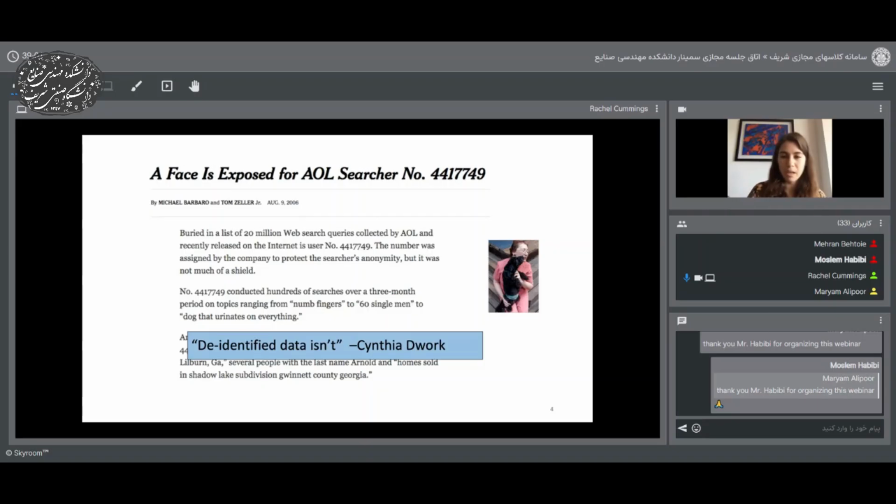So back to the example of your own search histories. If we take out anything related to your name, Iran, your neighborhood, your family, your hobbies, well, there's no longer really any data there to be left with.